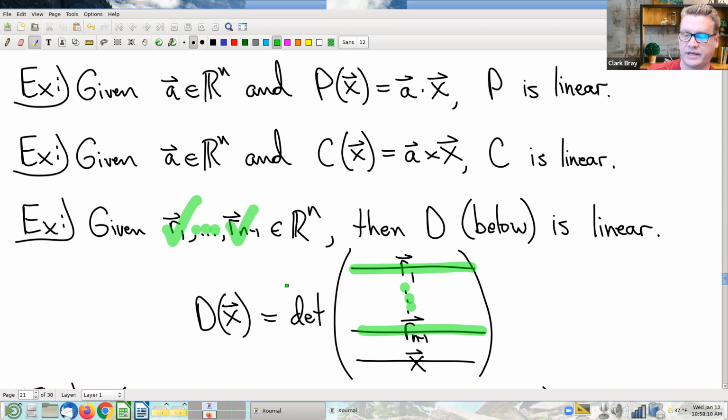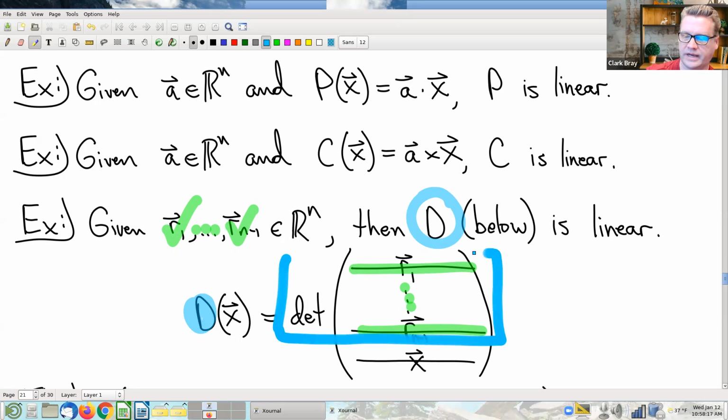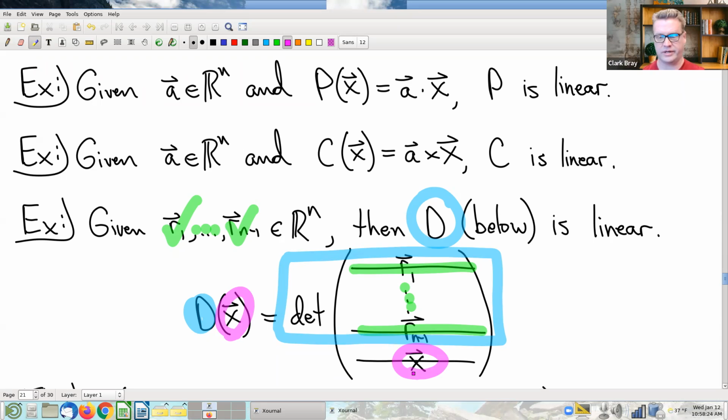Specifically, the function acts by, you give me a vector x, I make it the last row of this matrix, and then I compute the determinant. So all that we have together in blue allows me to say, if you give me a vector x, I can compute some stuff and get a value. That's what D does. So this function is linear.